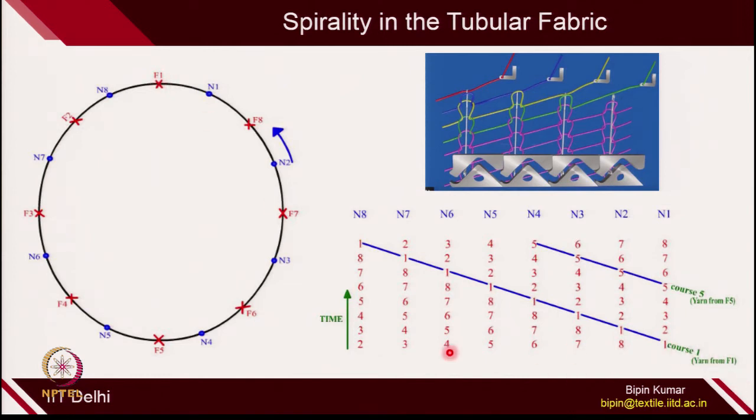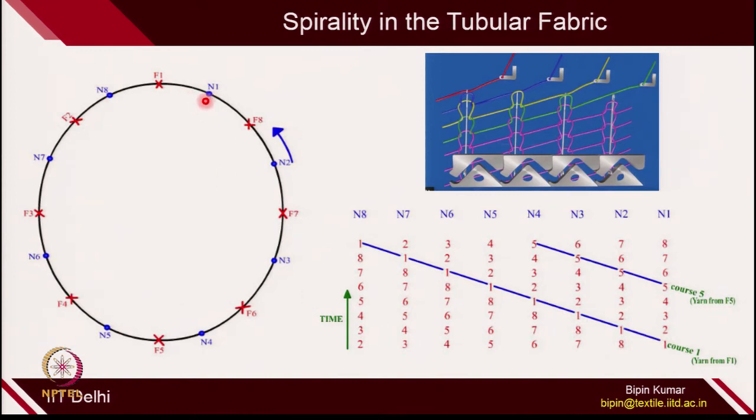So, at this moment the needle number 1 is making loop with the first feeder, needle number 2 is now passing to feeder number 8. So, it will be making loop with feeder number 8, then needle number 3 will be making loop with feeder number 7 and likewise. So, at this moment this is how the loops will be formed.